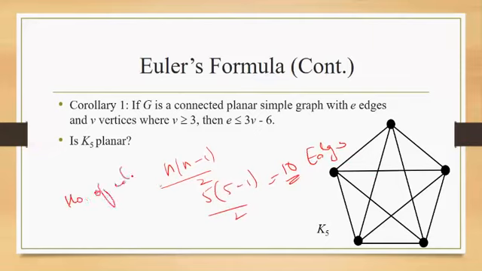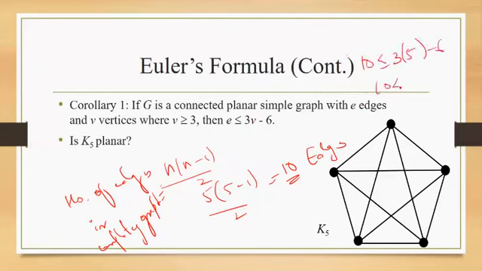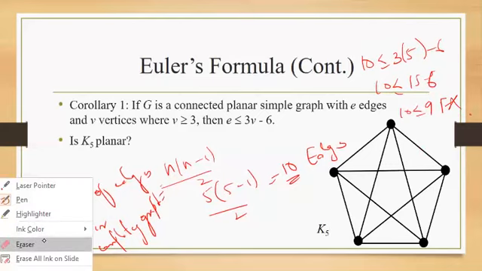Now we can check our condition. We have 5 vertices and 10 edges. So 10 is less than or equal to 3 into 5 minus 6, which is 15 minus 6, so 10 is less than or equal to 9. Since the condition is false, we can clearly state that K5 is non-planar.